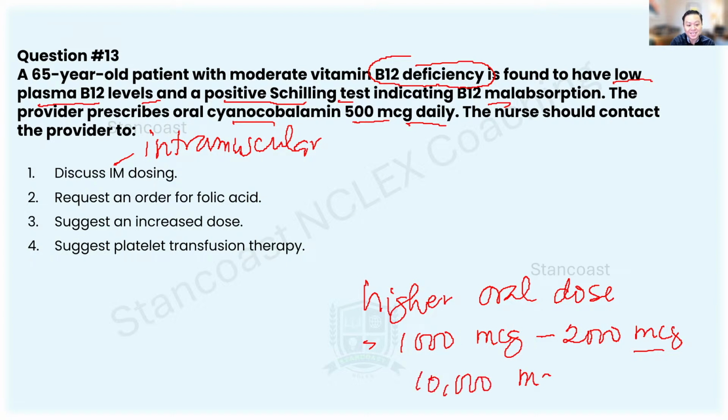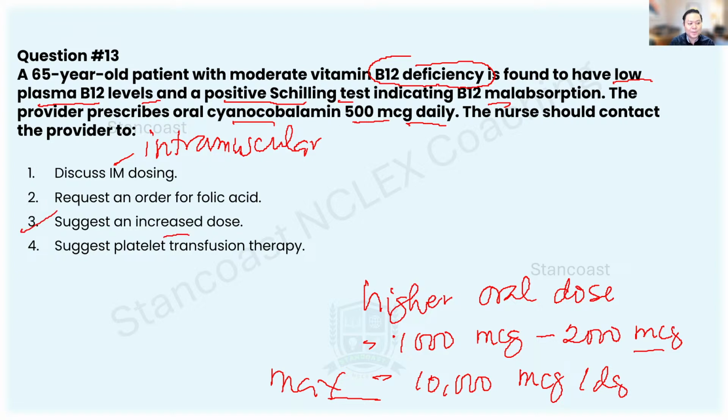Imagine that. 10,000 micrograms per day, maximum dose. Yeah, that is possible. So for some patients, it can be 1,000 to 2,000, but to the maximum of 10,000 micrograms per day. So the suggestion of increasing the dose, which will be 3, is the answer.